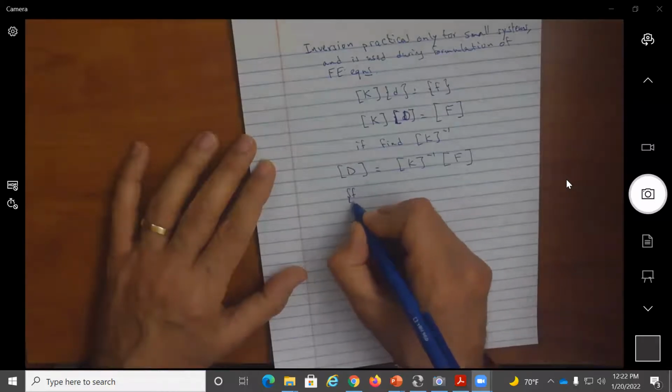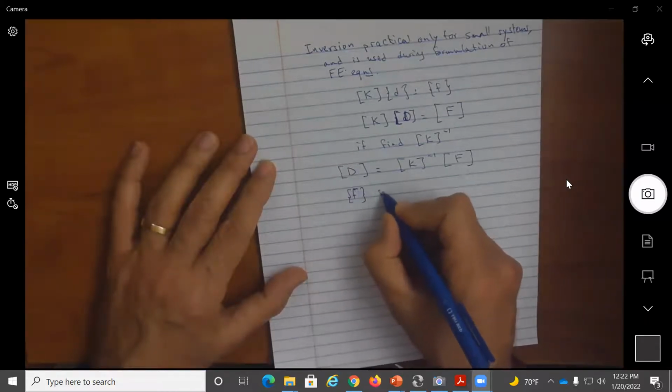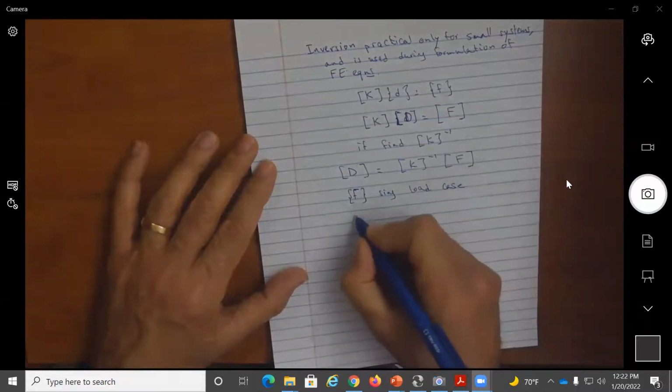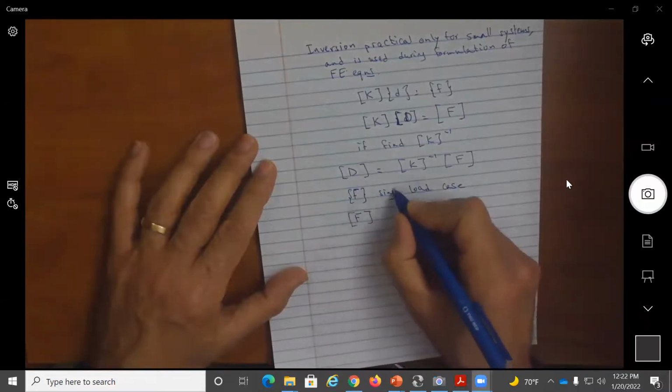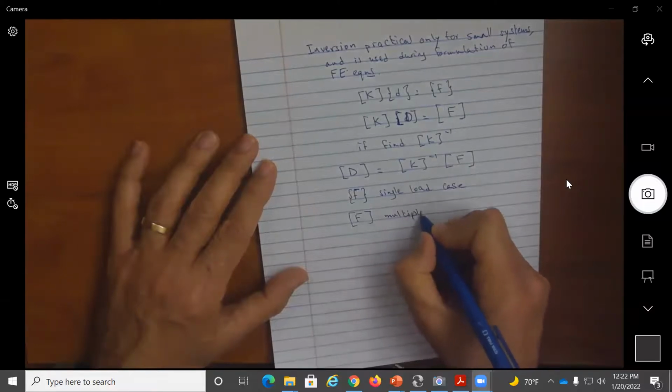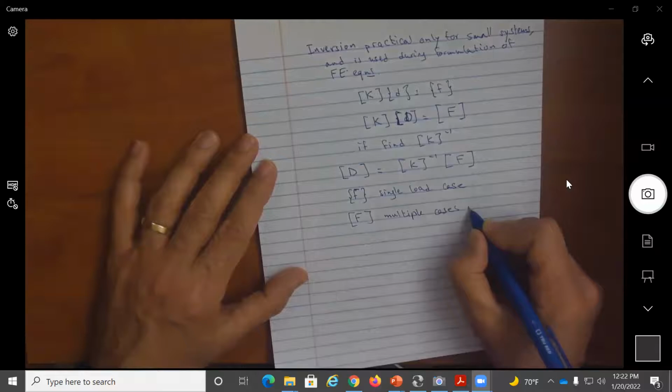So F is a single load case, while F as a matrix has multiple cases of loading.